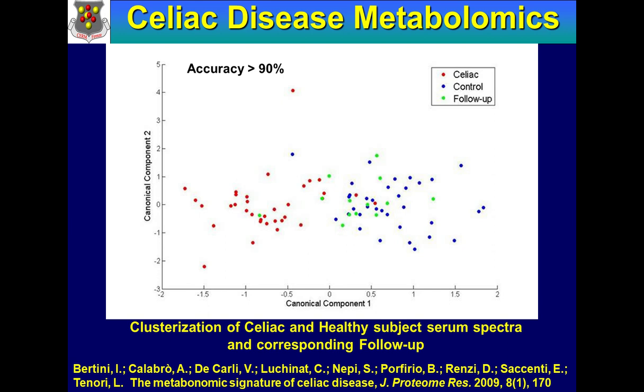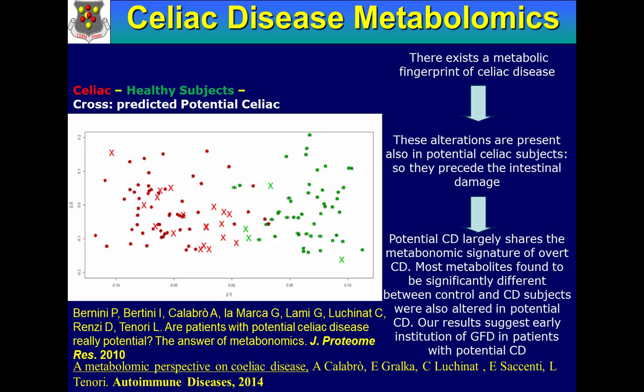So this tells you that there is a kind of normalization of functions when people are put on a gluten-free diet. Again, this is done by fingerprinting, so it's just taking the spectra, binning the spectra, and looking at the various bins or buckets to use them as variables for statistical analysis.